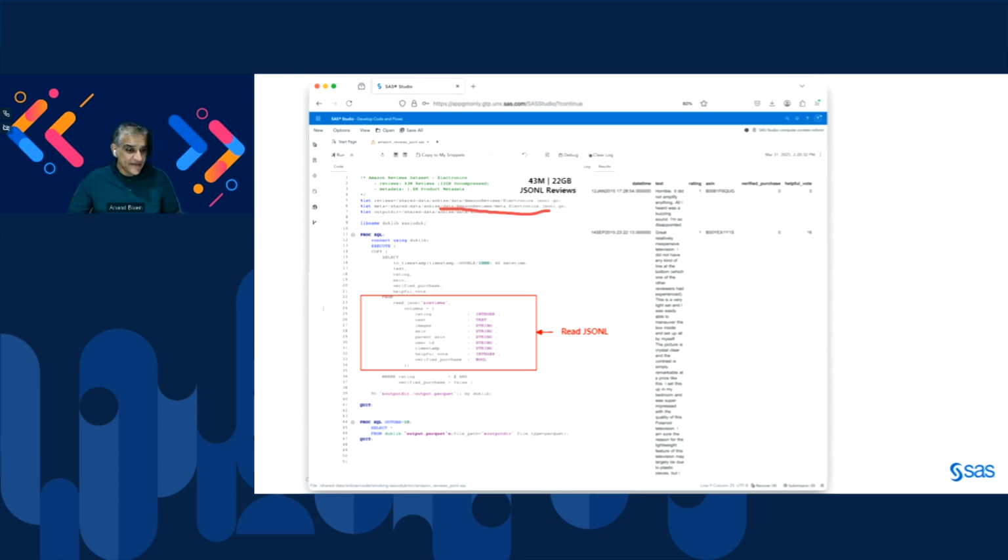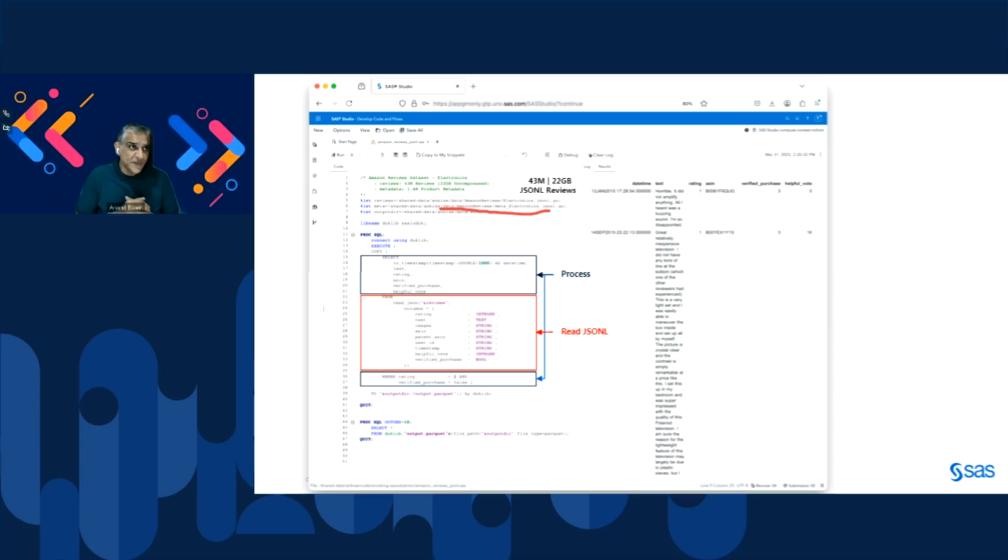I'm saying, read JSON, read this gzipped file in JSON-L format, and I'm specifying the columns that I'm interested in. I am performing a transformation of the timestamp here, selecting the columns I'm interested in, and also filtering out reviews where the rating is less than 2 and the verified purchase is false.